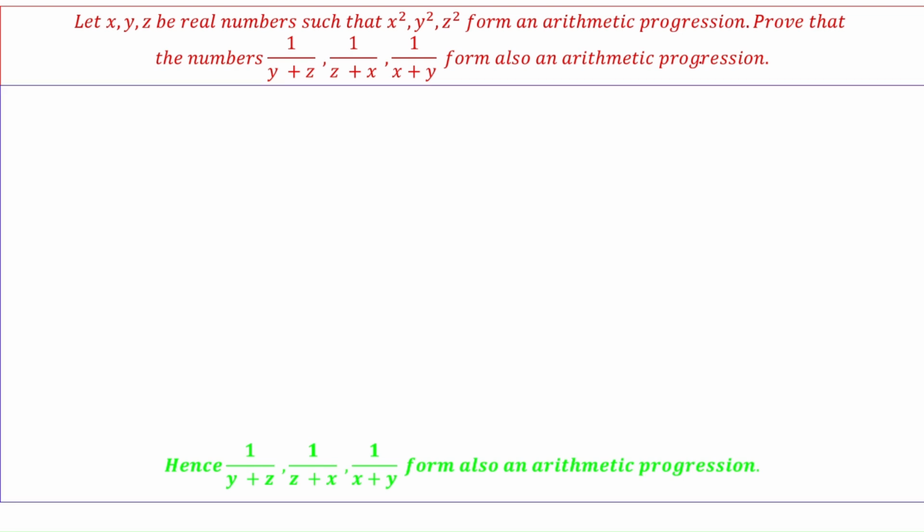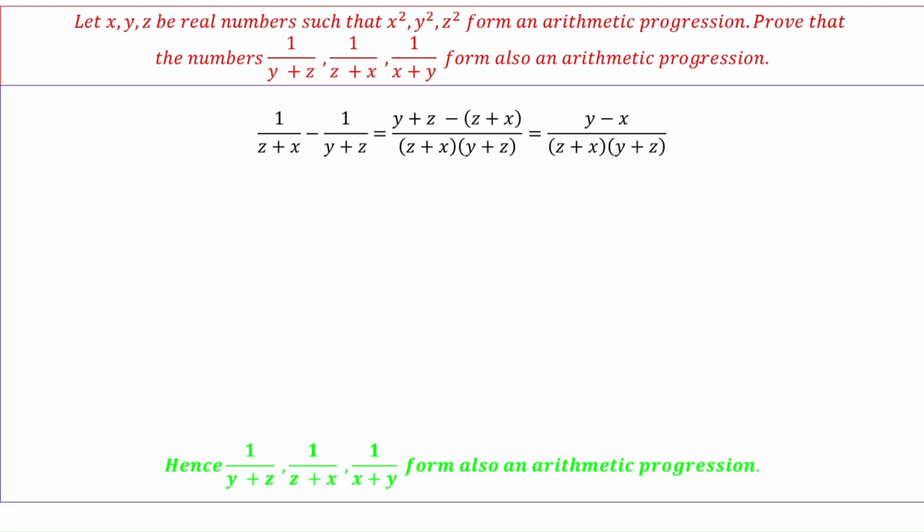So this is what we know. 1/(z+x) - 1/(y+z) is equal to (y-x)/((z+x)(y+z)), correct? Now multiply numerator and denominator by y+x, just to make sure that the denominator is the same.